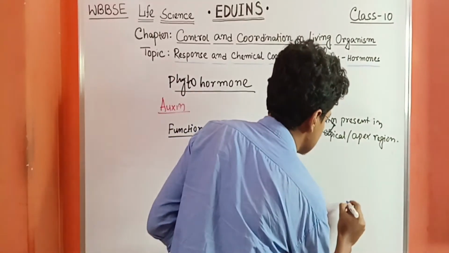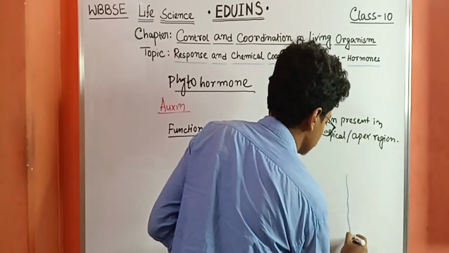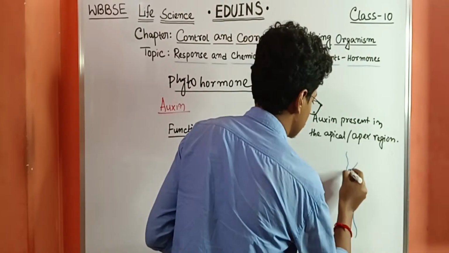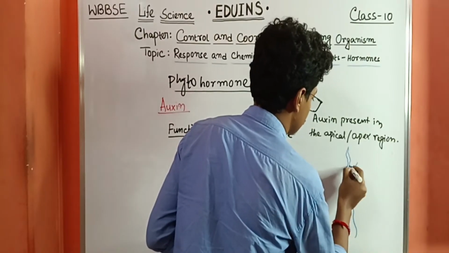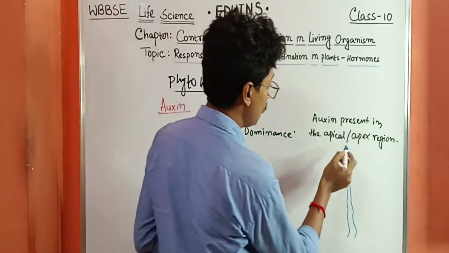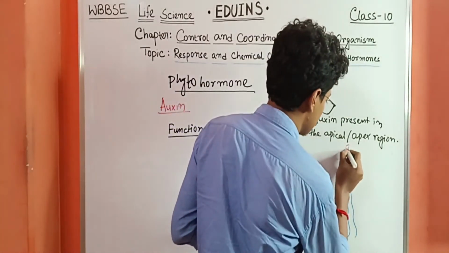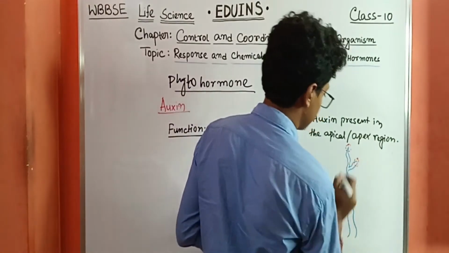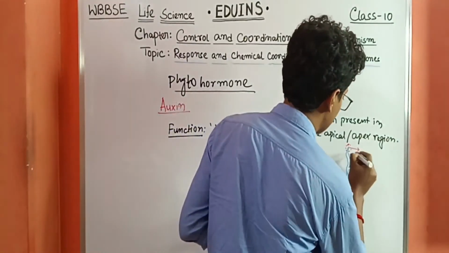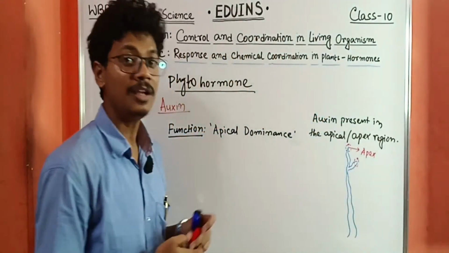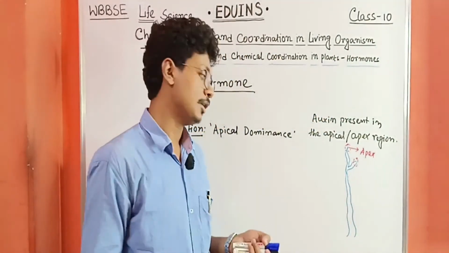If this is a plant, auxin will be present in this portion, called the apex, the tip of the shoot or tip of the root.